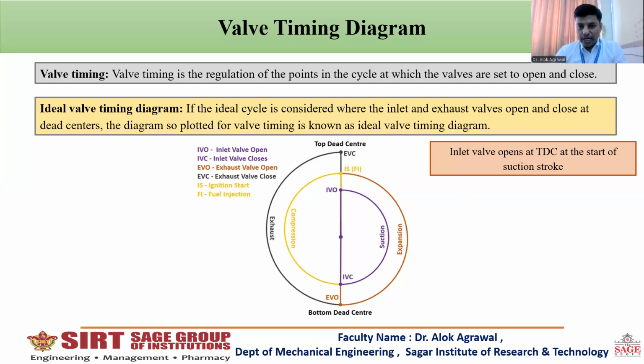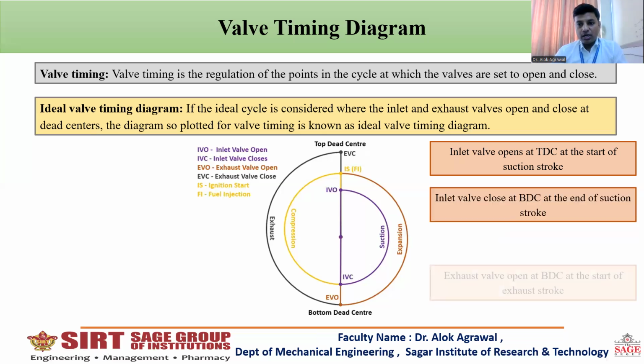In that case, both the valves are again in closed position and piston moves from top dead center to bottom dead center. When the piston reaches bottom dead center, the power stroke ends.